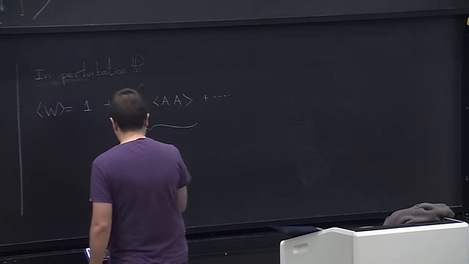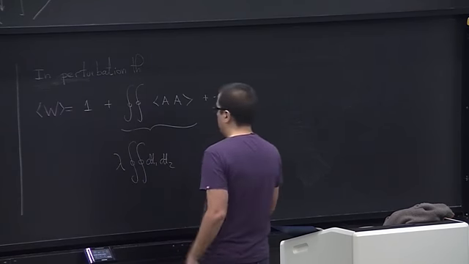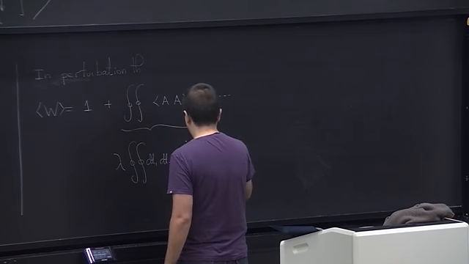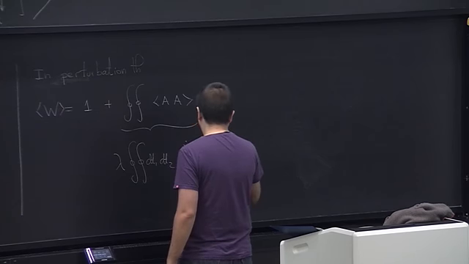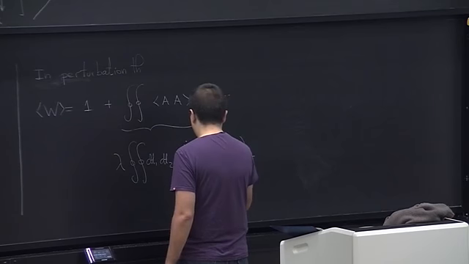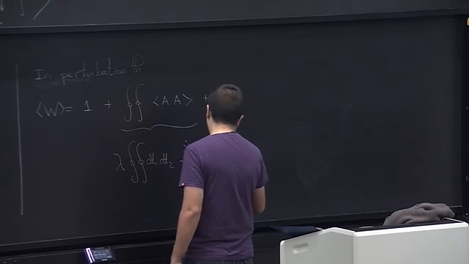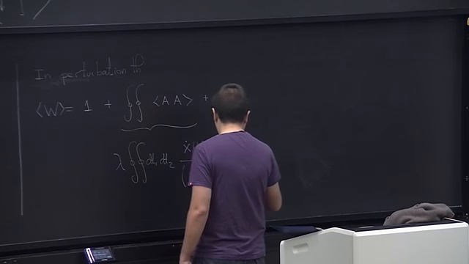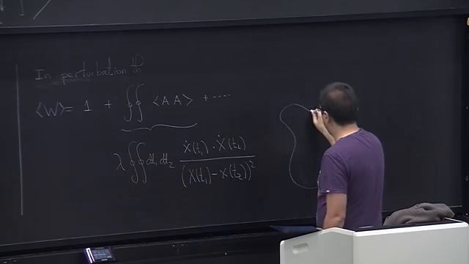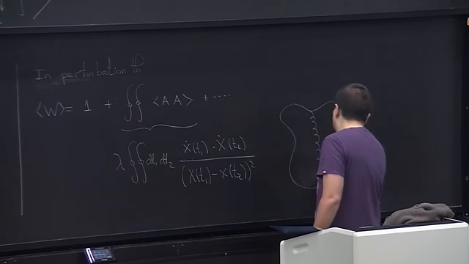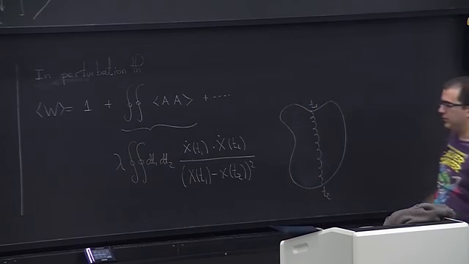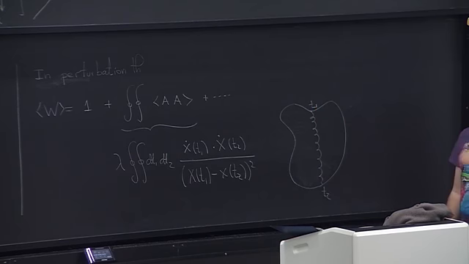There might be some coupling, lambda in general, and then x dot at t1, dotted with the velocity at point 2, divided by the square of the separation, x of t1 minus x of t2 squared. So in pictures, I have some Wilson loop, and I consider an exchange between a point at time t1 and t2, and I integrate over the endpoints, plus dot, dot, dot.